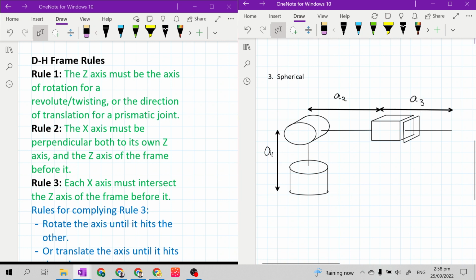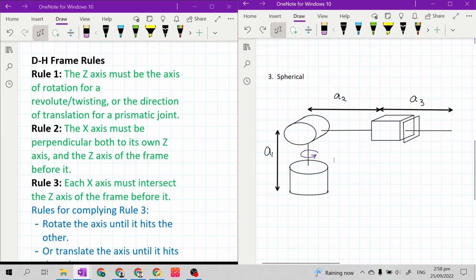Okay. Next, the joint variables for the first revolute joint or twisting joint. We have a counterclockwise arrow and theta 1.